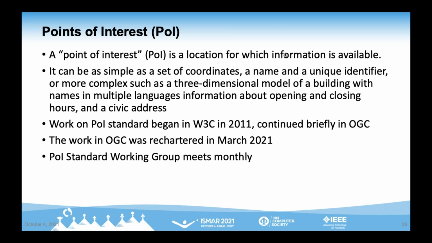It could be the name. It could have variables. It could be a 3D model. And the curious thing is there's not a standard, there never has been a standard for points of interest. Every single company that needs to generate points of interest data or to consume it must have its own proprietary format.